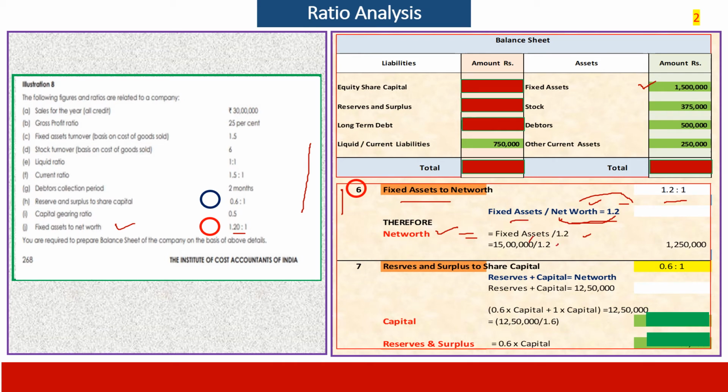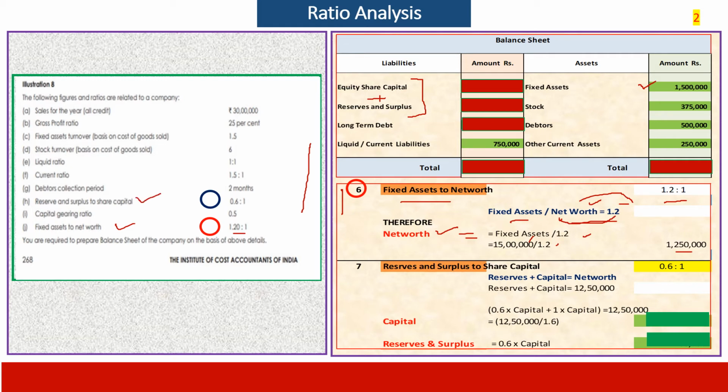It gives the figure 12,50,000. Net worth. We know net worth is a combination of these two. Equity share capital plus reserves and surplus is called net worth. Okay. Do we have anything to do with the reserve and surplus?